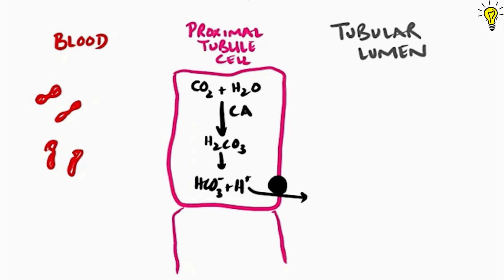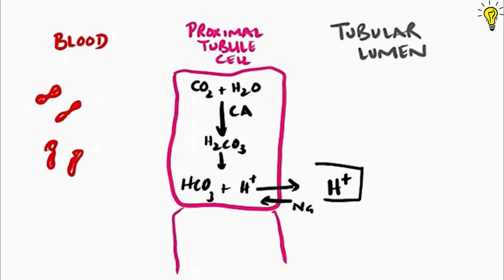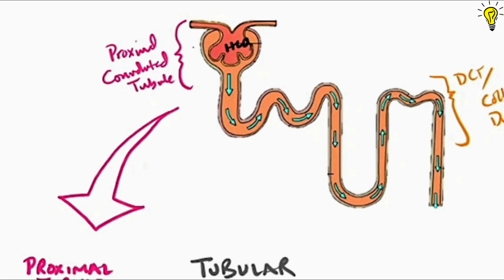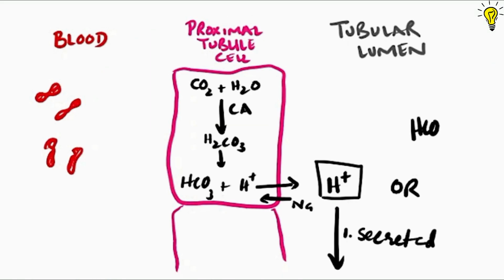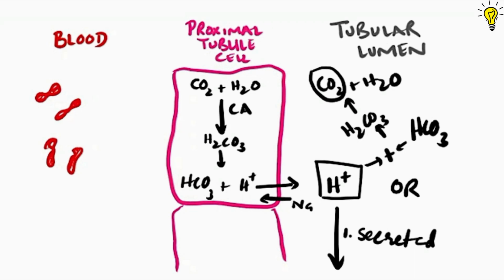This hydrogen ion is exchanged for sodium ions and is transported to the tubular lumen, where it can either be secreted in urine or it could be utilized to return the filtered bicarb ions that ran into the tubule from the glomeruli. Combined together, the same process occurs and carbon dioxide is generated, which diffuses easily into the cell, and the whole process repeats under the carbonic anhydrase enzyme.